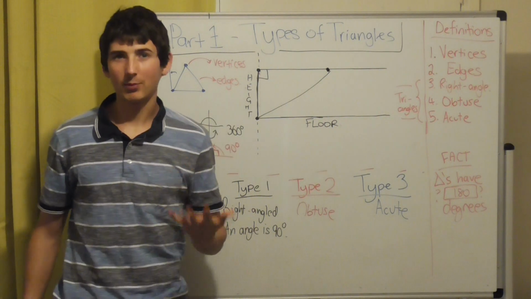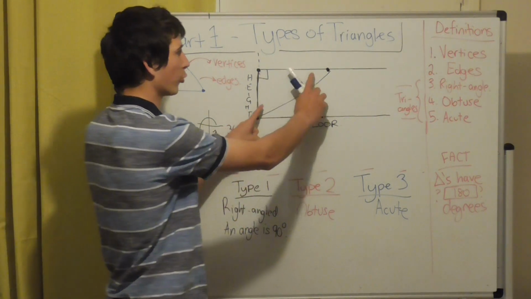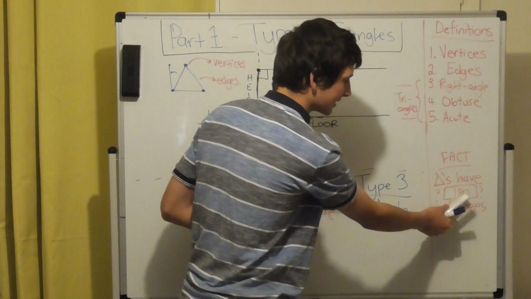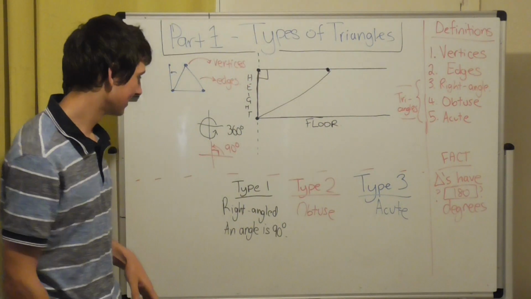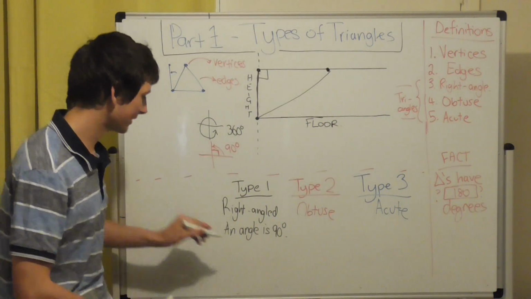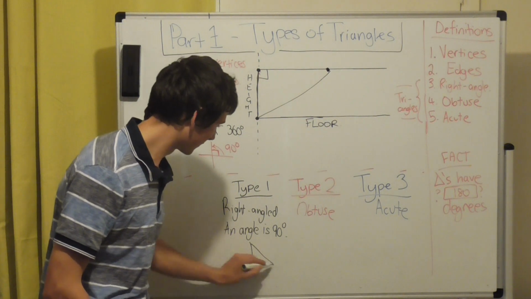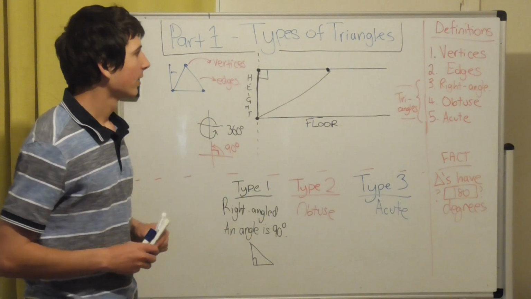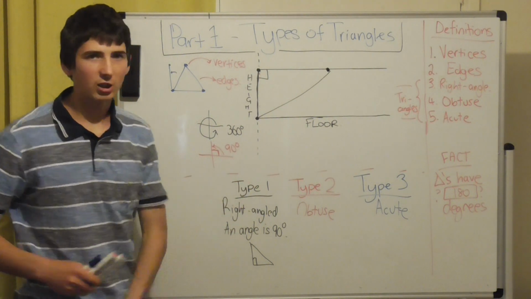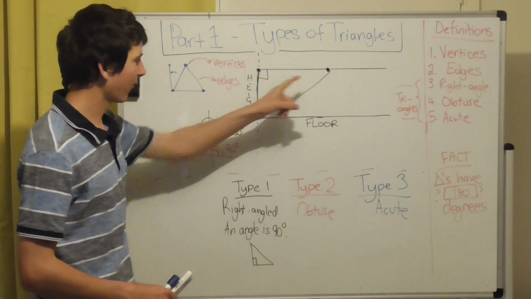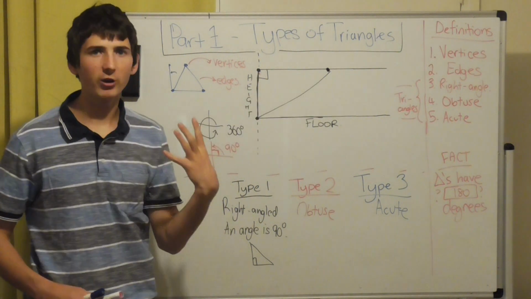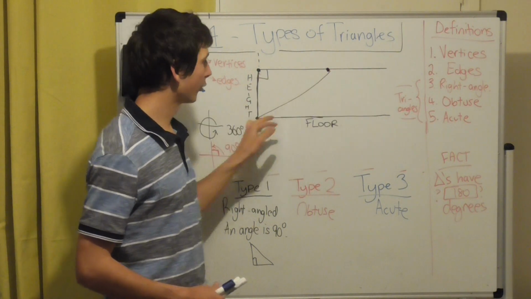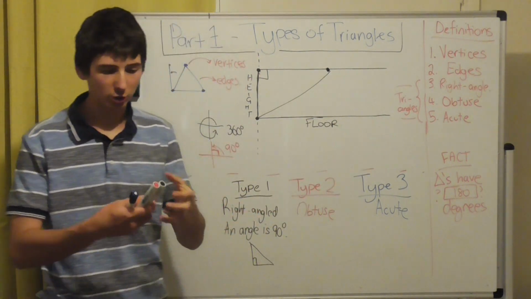Now only one of them can be 90 degrees, because these other two have to make up the other 90 degrees to make our 180. Alright, so only one is 90 degrees, and it looks like this, with that one there being the 90 degree. Now, another type, if I draw my third vertex on this black line, or on this black line, I'm going to get a right angled triangle.